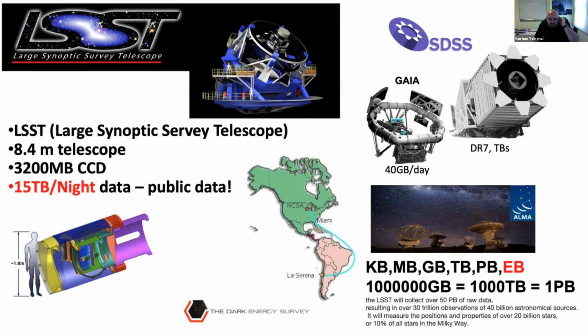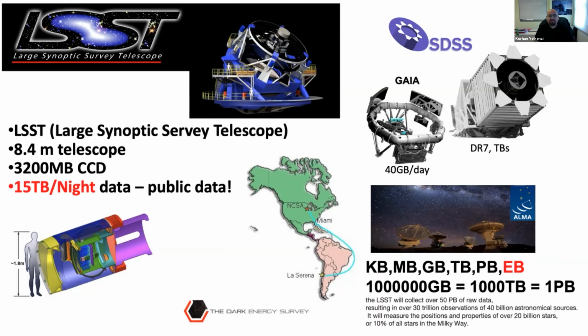As you all know, I guess, the Large Synoptic Survey Telescope, the LSST, is going to be operational soon, and it has the biggest camera, a 3.2 gigapixel CCD, and it will produce 15 terabytes per night, and it's going to be public instantly.